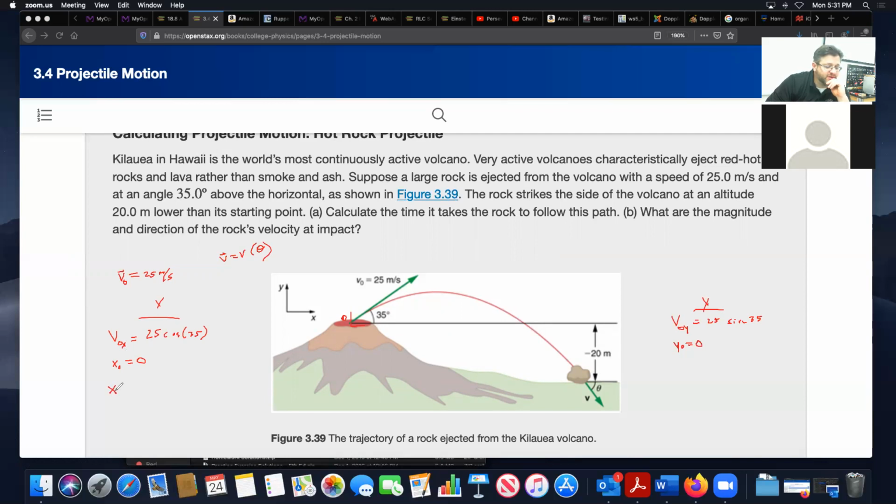I can say that velocity final in the x direction, which I'll just call v sub x, is going to equal v final times cosine theta, and it's going in the positive x direction, so I'm just going to deliberately put a positive there so we remember that it is definitely positive. And v final in the y direction is definitely going down, so it's definitely negative. And we're going to call that negative v sine theta.